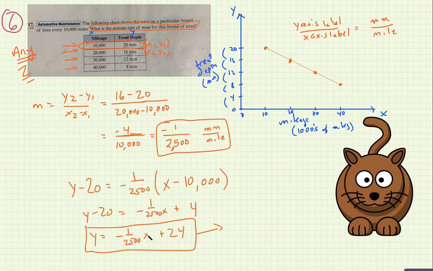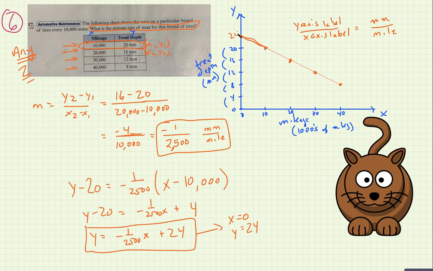Which is interesting, right? Because what does it tell you? It tells me a brand new set of tires, when x equals 0, this disappears, and y equals 24. What does that tell you?